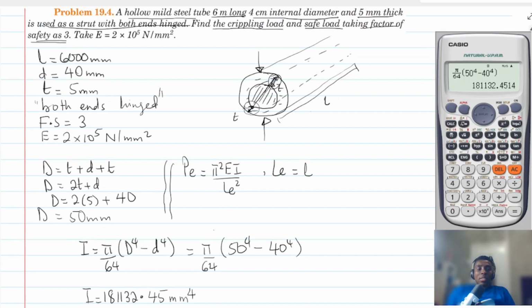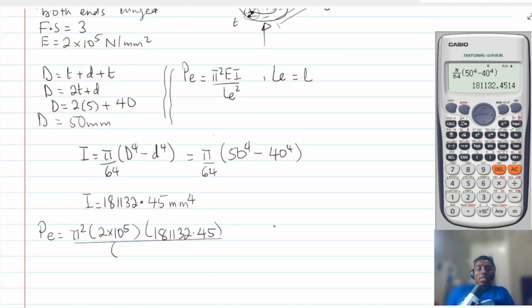The length was given as 6 meters, which is 6,000 millimeters, squared.